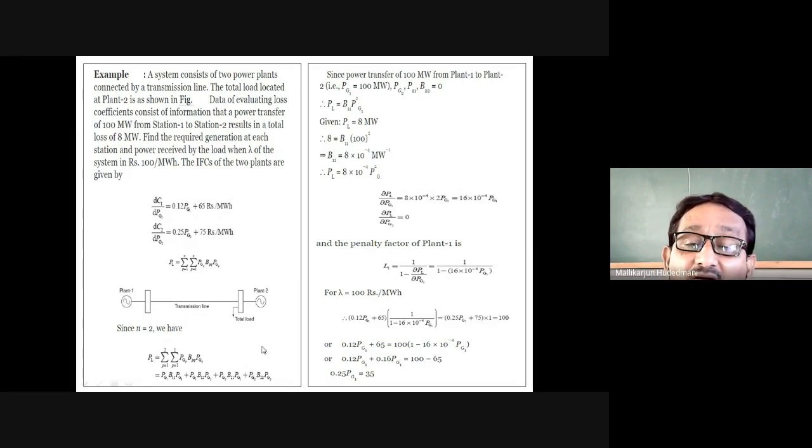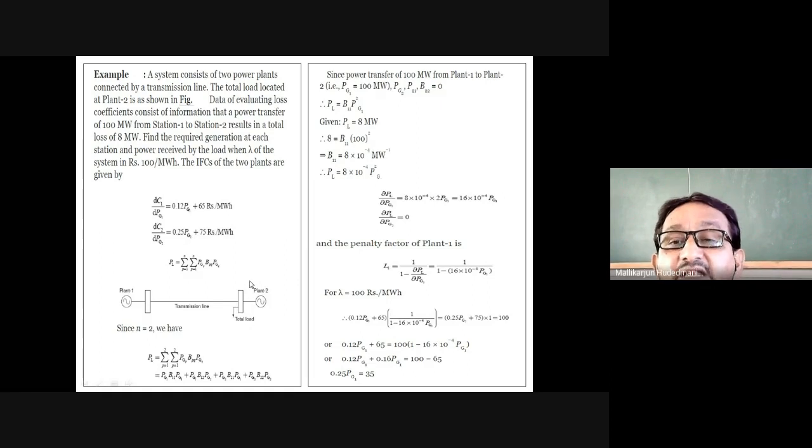Loss will occur from a plant far away from the load while meeting it. Loss on the station where the load is connected won't be there. Now the load is in plant 2, so B22 and B21 are null here. That's the indication directly. You can see here.